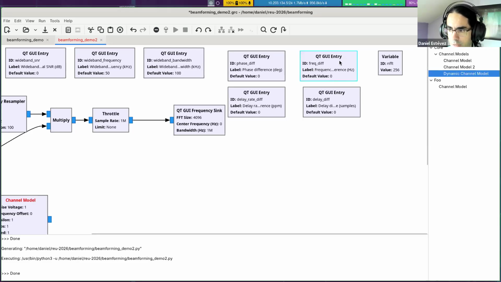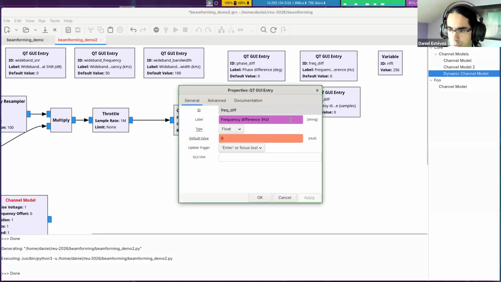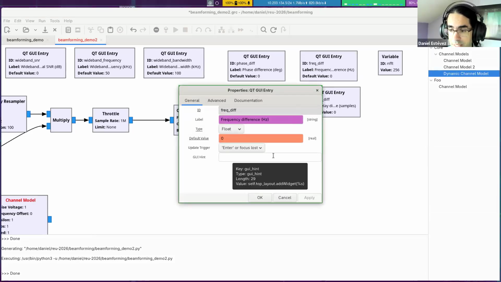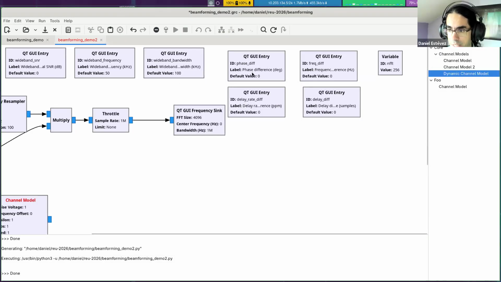We have a frequency difference, in hertz. That means the signal is arriving with different Doppler shifts to the antennas. Or another way of saying it is the phase difference is changing over time. 1 hertz of frequency difference means that the phase difference changes 360 degrees every second. So this is like the derivative of this thing.